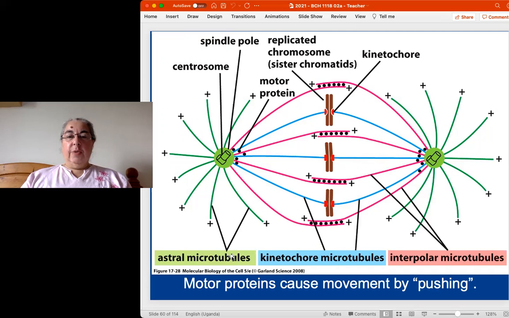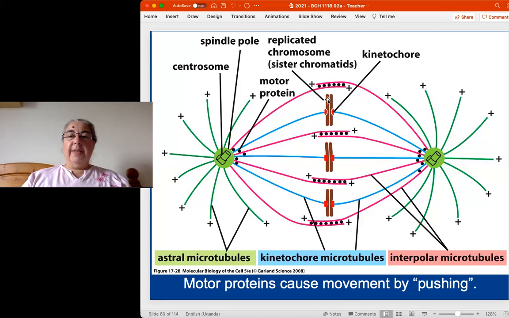So the astral microtubules are going out towards the cell membrane of what will be the two new cells and starting to be the beginning of the cytoskeleton. The kinetochore microtubules are the ones which actually attach to the chromosomes and are able to move them.